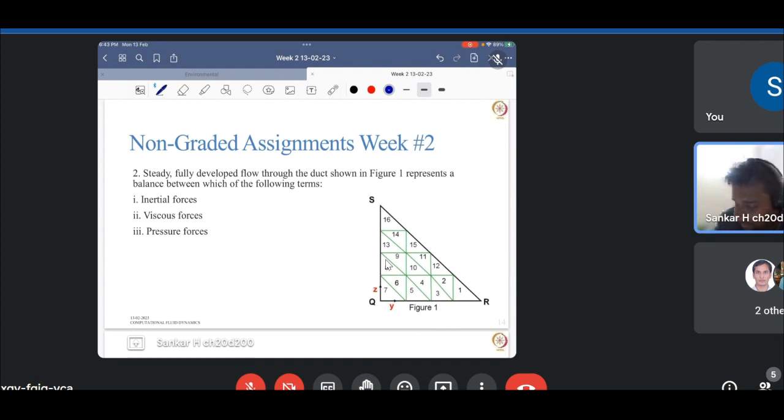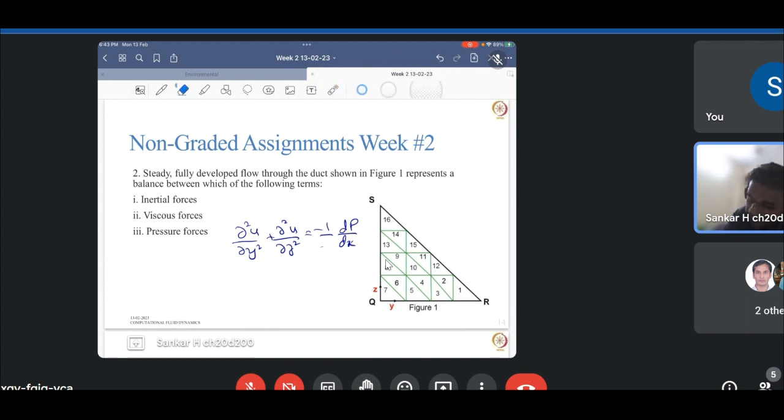Moving on, steady fully developed flow through the duct shown in figure 1 represents a balance between which of the following terms. Whatever we had shown in the previous question, d²u/dy² plus d²u/dz² should be equal to minus 1/mu dp/dx.